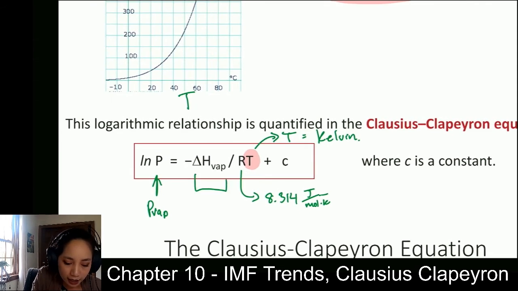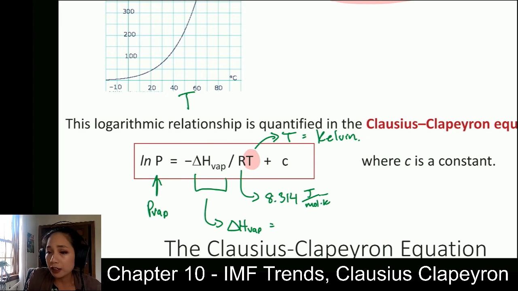And the reasoning is because our enthalpy, like all enthalpy values, typically we report in kilojoules per mole, but if you use it within this equation, it must be in the unit of joules per mole. So you can see how those units cancel out with one another. You need to use this R constant, which is still the gas law constant, just in a different unit, in order to get our delta H value to be in joules per mole.